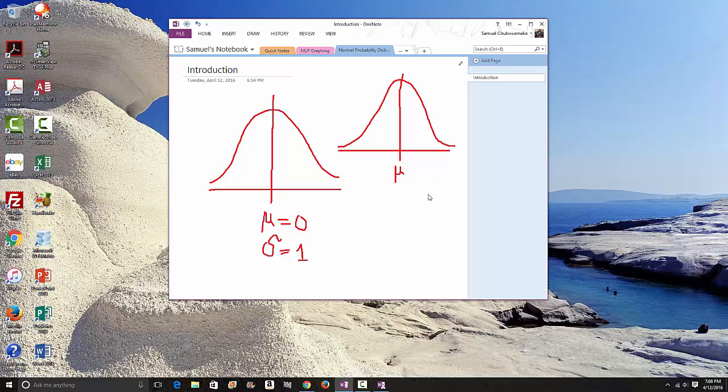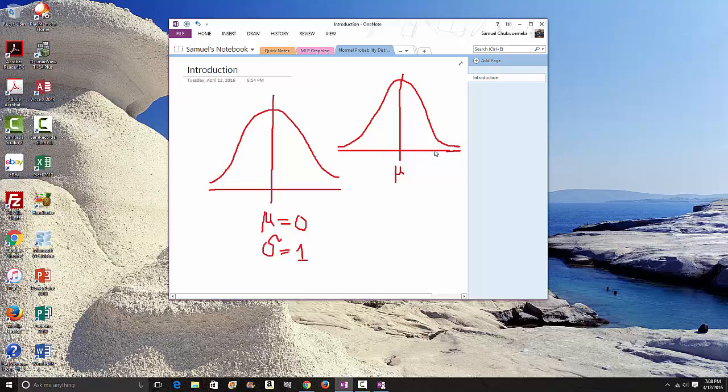So if you look at the normal distribution curve, or the standard normal curve, as x increases and increases, this curve approaches, but it doesn't touch the x-axis.